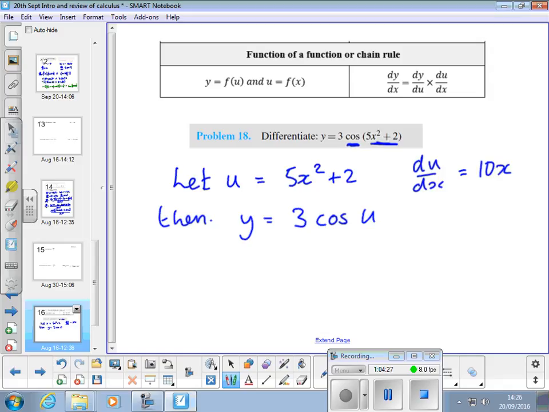Differentiate y equals 3 cos u. That's dy by du, that is, equals minus 3 sine u. Yeah?